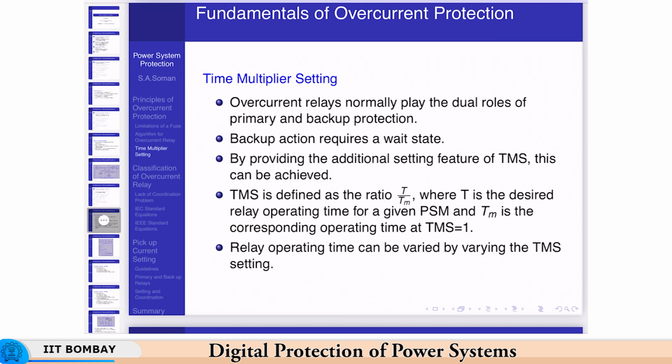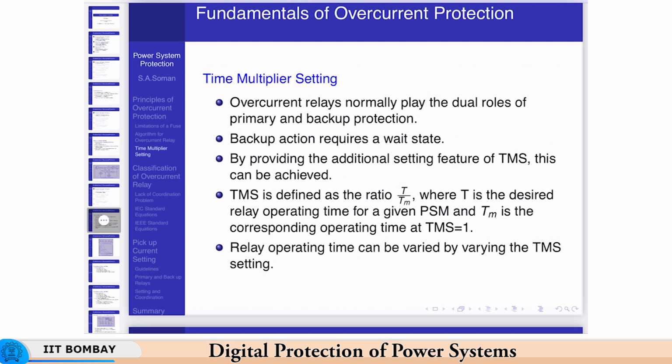So, to enable the primary protection to operate first, you give a time delay to the backup protection. So, it requires that the backup protection wait for a certain amount of time before it operates.